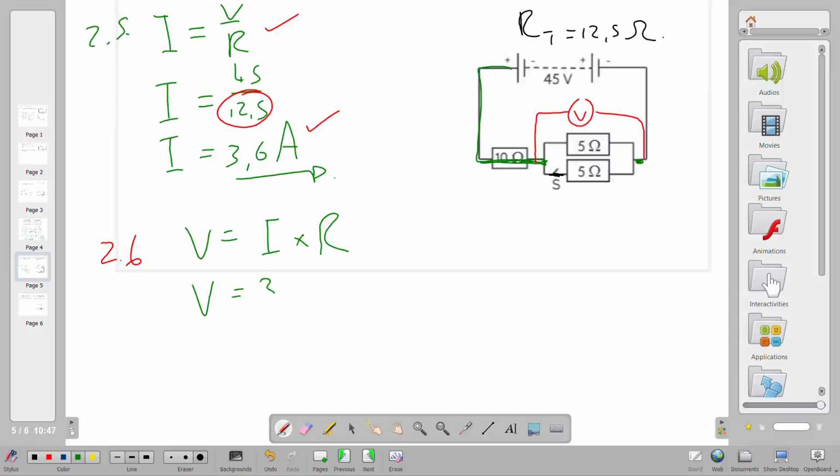Well, we know it's 3,6, the total current. And what is their resistance? We calculated it's 2,5, the parallel resistance of both of them together. So 3,6 times 2,5, what do we get? 9 volts. That is the potential difference across that section.